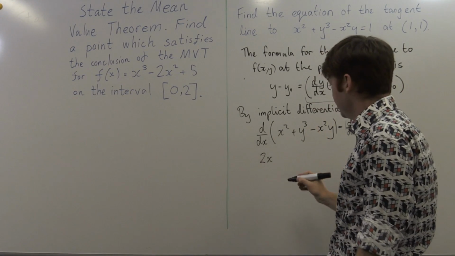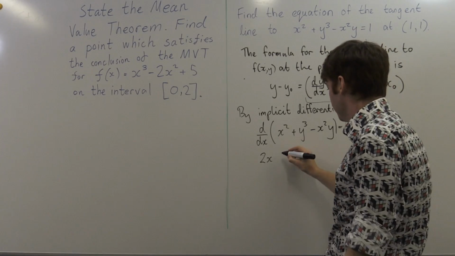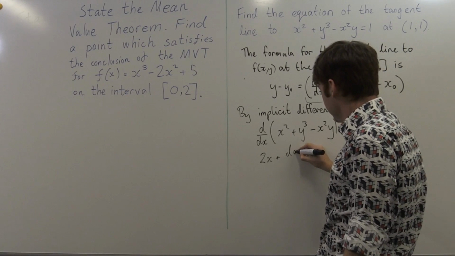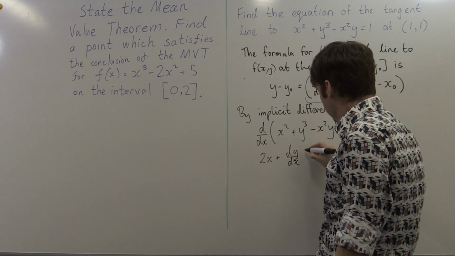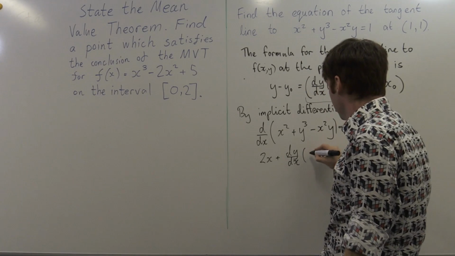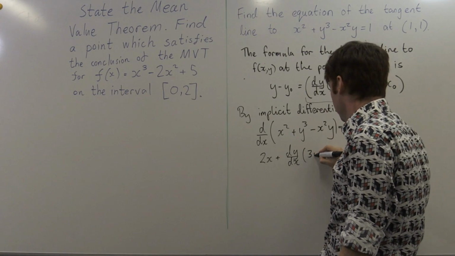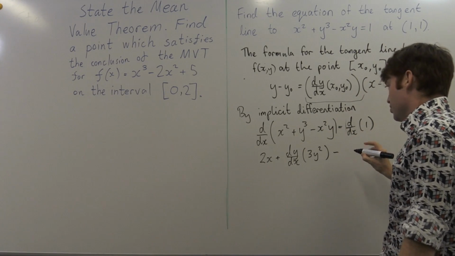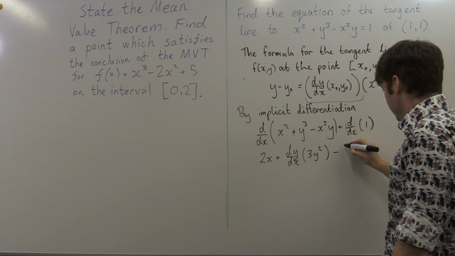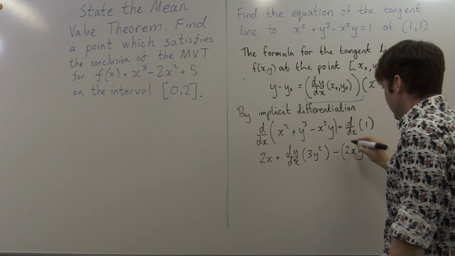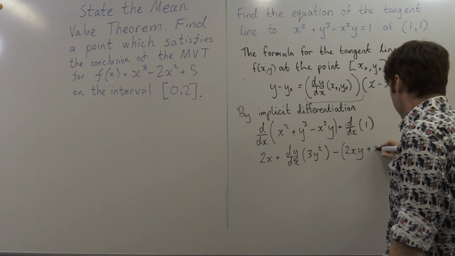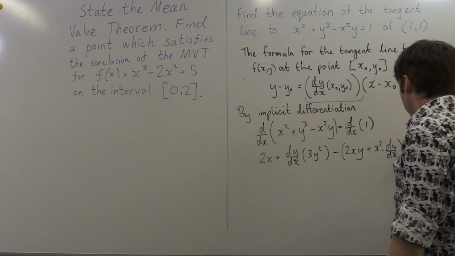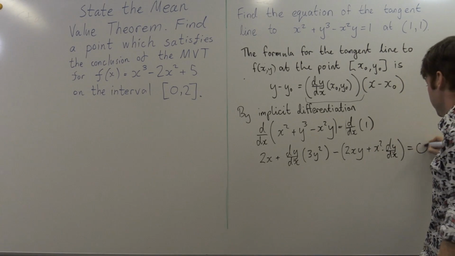The derivative of y cubed with respect to x. I can't do the derivative of y cubed with respect to x. I can only do it with respect to y. So I will, and I will adjust like so. So this becomes d/dy, and the derivative of y cubed with respect to y is 3y squared. This one, I need to use the product rule here. So I can do d/dx of x squared, so that's 2xy, and the derivative of this is x squared times dy/dx equals the derivative of 1 with respect to x, which is just 0.